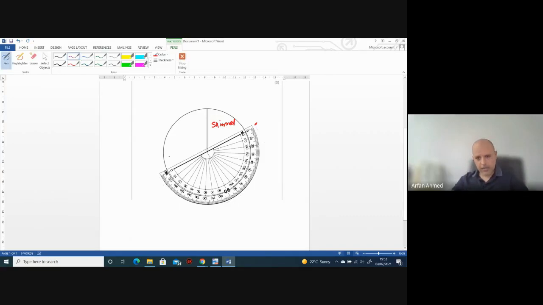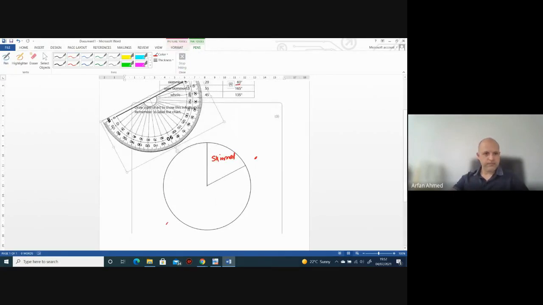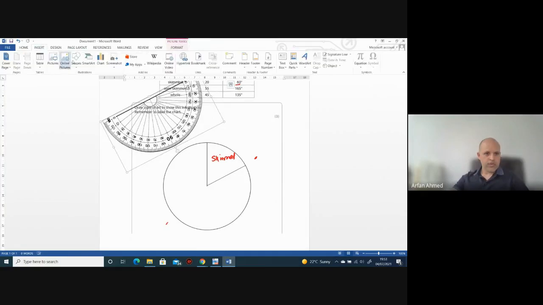165 is going to be, if you go all the way around, it's gone past 90. 165 is here. There. Let's put a mark there. Yep. Remove your protractor out of the way. Draw a line, again, from the center to there.